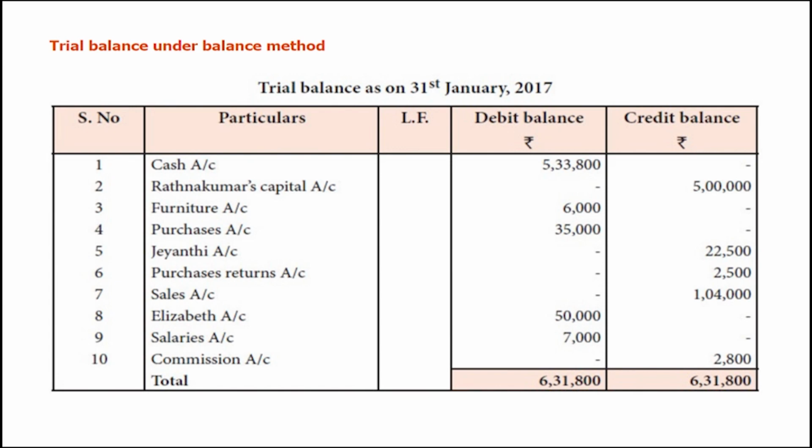Some or the other place there is some error. So that error has to be identified and rectified as soon as possible. We cannot take these errors to the financial statement. We prepare financial statement only when we have reached this step where debit balances and credit balances match with each other. So this is the widely accepted method, trial balance under balance method.